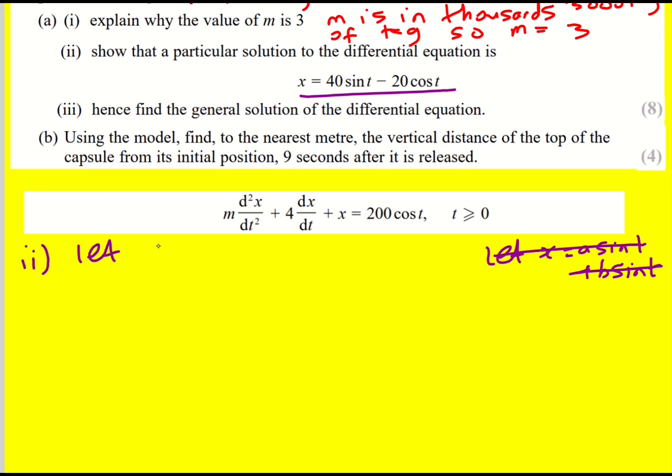Okay, so let x equal 40 sine t minus 20 cos t. Just got to differentiate it and then differentiate it again now.